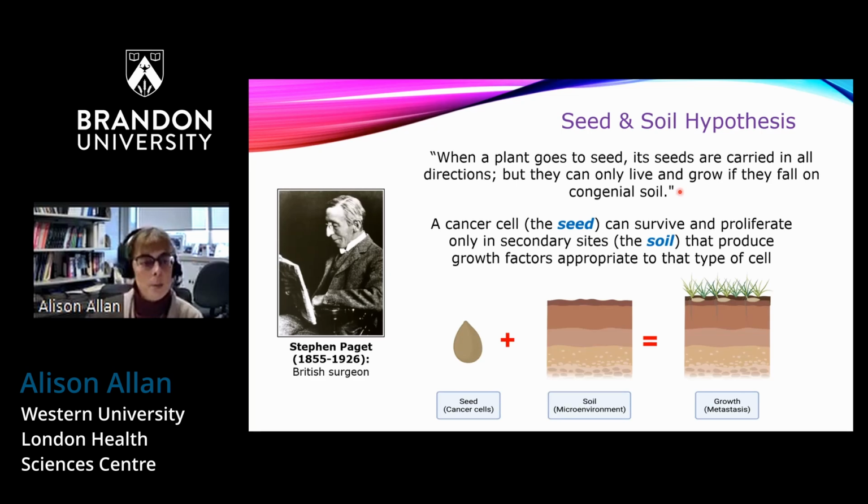He was a British surgeon, and he proposed that when a plant goes to seed, its seeds are carried in all directions, but they can only live and grow if they fall on congenial soil. So in this case, the seed is the cancer cell, and it can only survive and proliferate in secondary organs, or the soil, that produces growth factors appropriate to that type of cell.